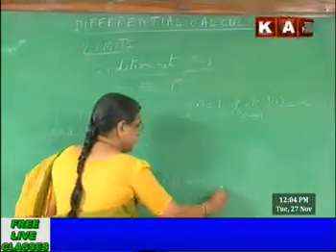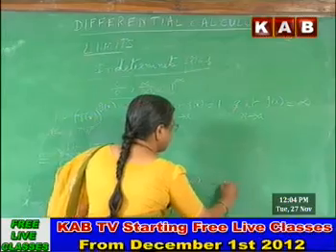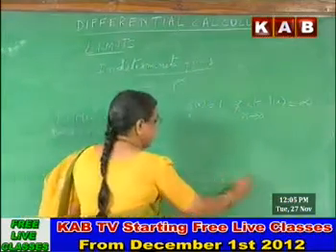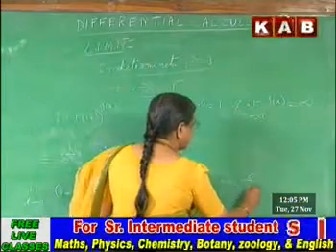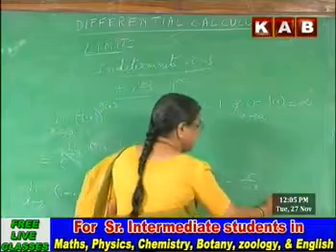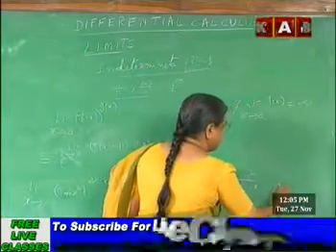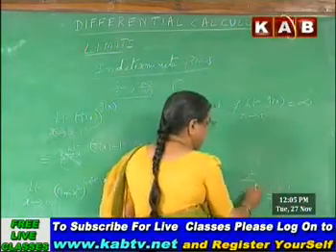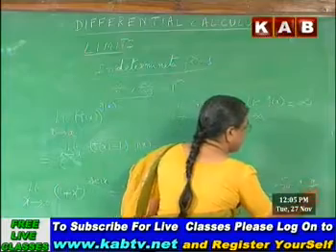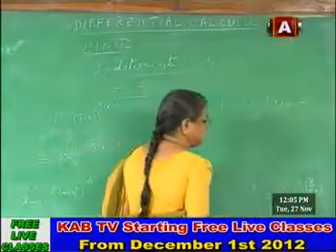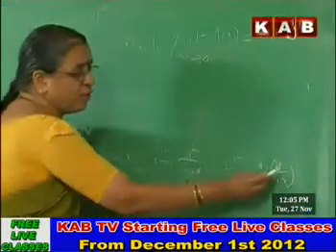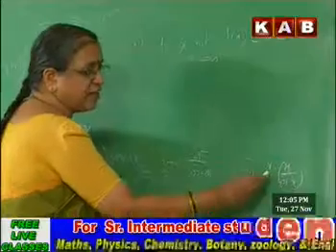So that is e power limit as x tends to 0, x square by sin x, that is e power limit as x tends to 0, x into x by sin x. As we know, this is tending to 1 and this is tending to 0.